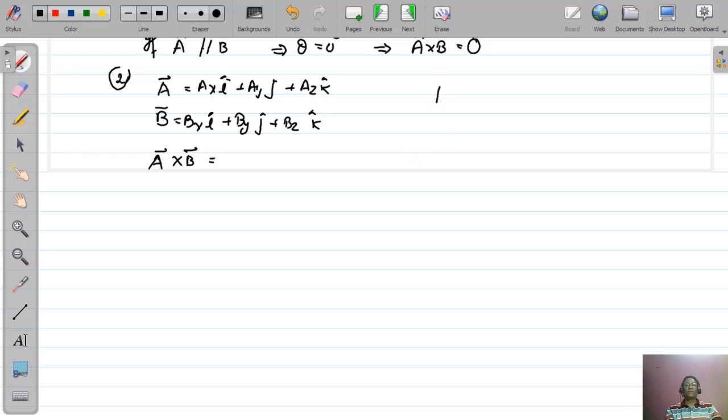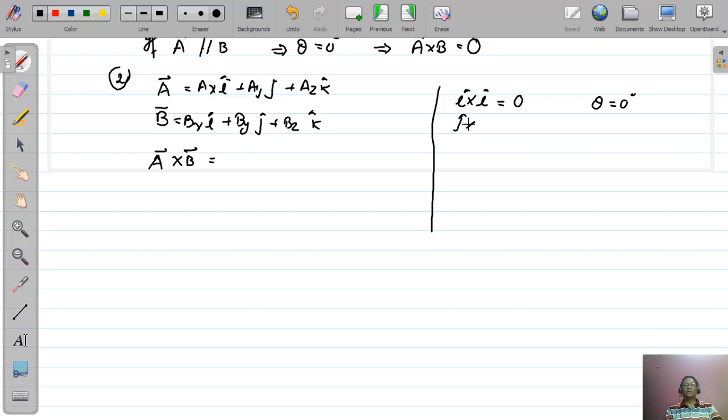For that, we have to memorize some results. i cross i equals 0. Why? Because the angle between i and i is 0 degrees, and by definition i cross i equals the magnitude of i, times the magnitude of i, times sine theta. And theta is 0, sine 0 is 0, so that means i cross i is 0.